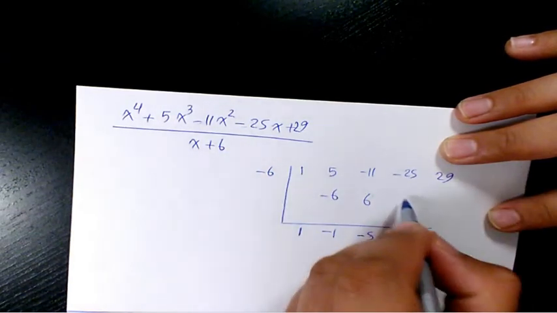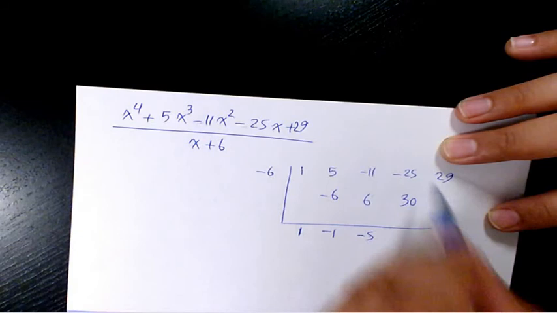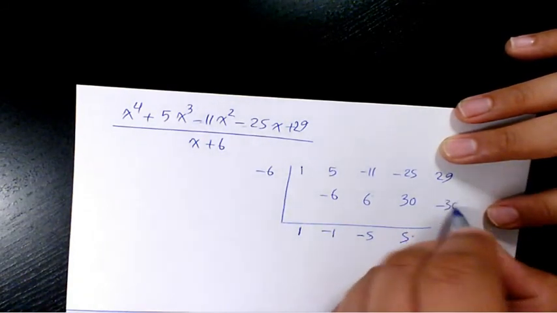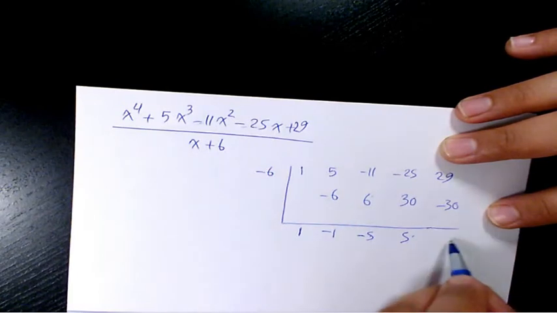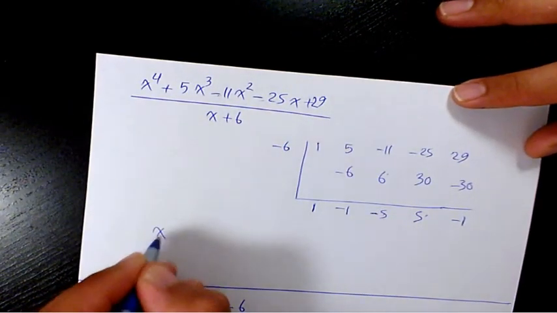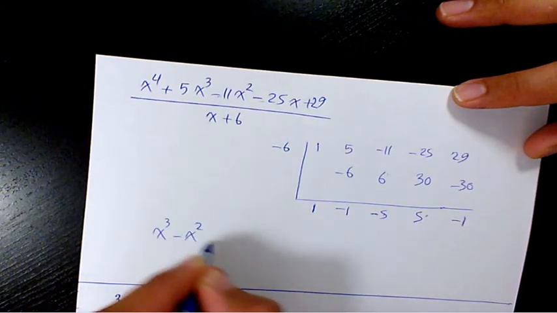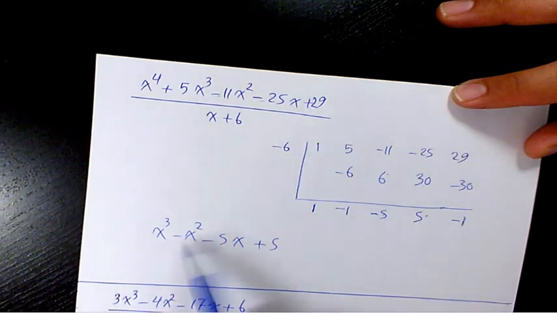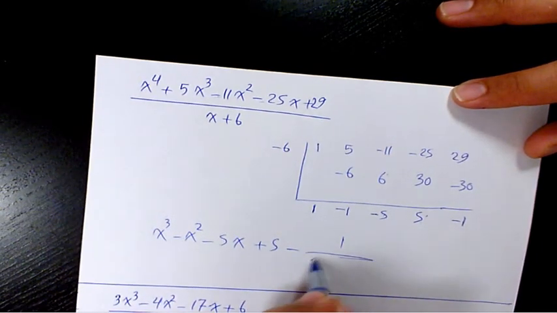Negative 5 times negative 6 is 30. 30 plus negative 25 is 5. 5 times negative 6 is negative 30, and 29 plus negative 30 is going to be negative 1. And the remainder is going to be negative 1. So the answer is going to be x cubed minus x squared minus 5x plus 5, minus 1 over x plus 6.